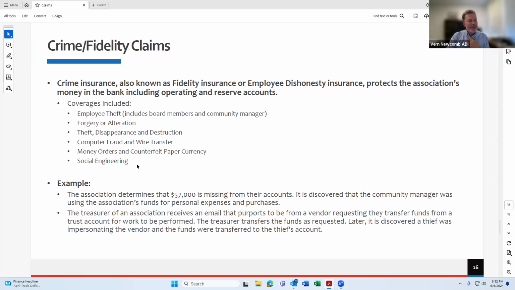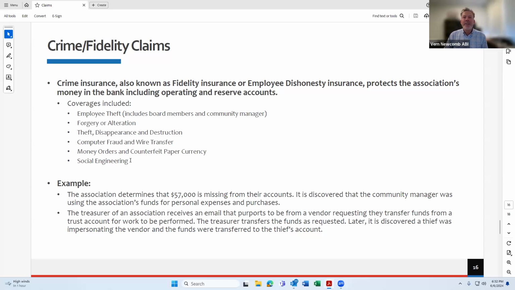So you have to have social engineering coverage, because under the typical crime fidelity policy, if you willingly give money to somebody, that's not covered. And not all policies carry it. Not all carriers provide it.